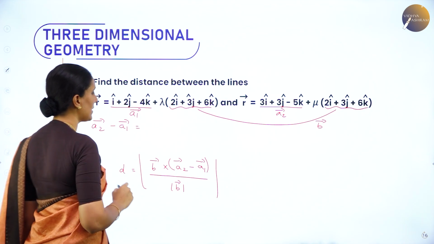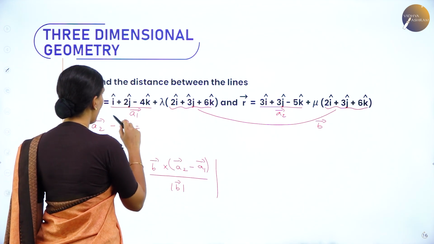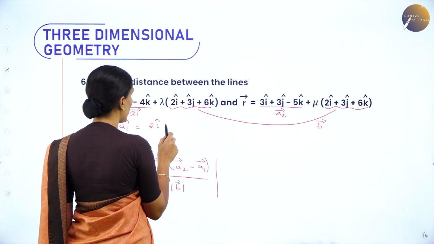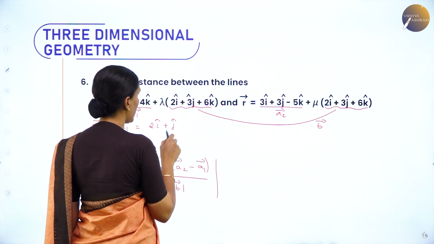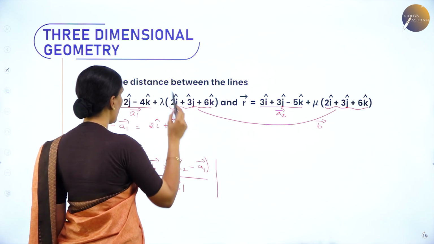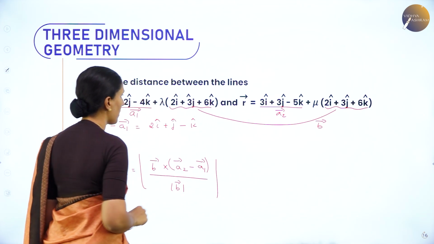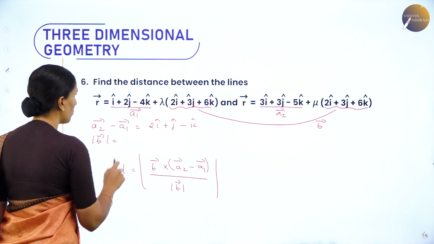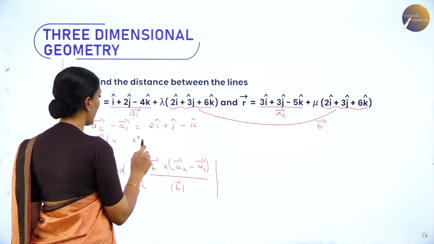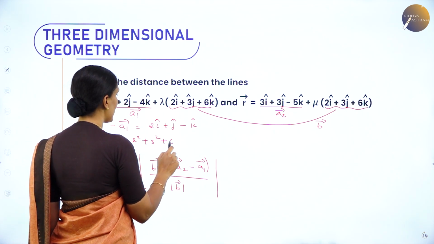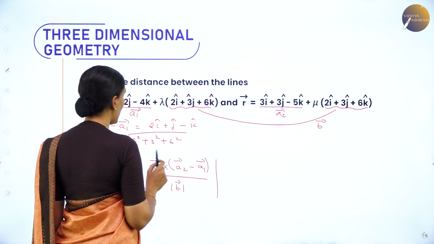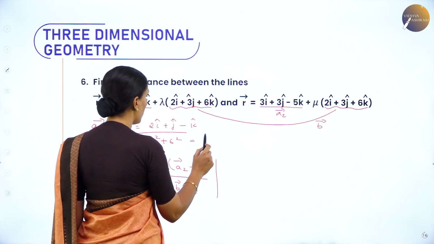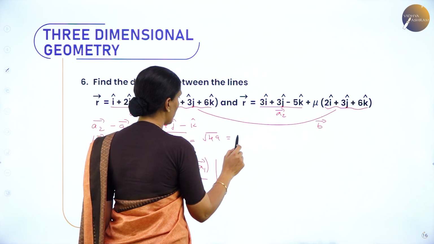So A2 minus A1 is 3 minus 1, 2i, 3 minus 2, plus j, and minus 5 plus 4, minus k. Then we will take the magnitude of vector B. Magnitude of vector B is 2 square plus 3 square plus 6 square under the square root. So that is 4 plus 9 plus 36, 49, root 49 is equal to 7.